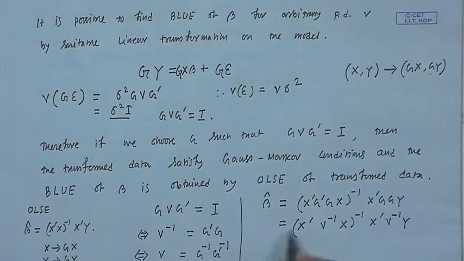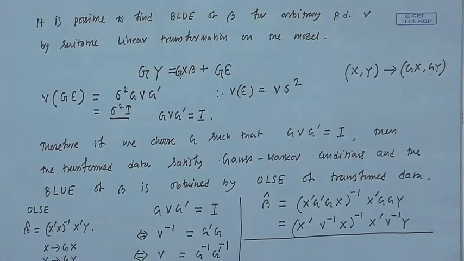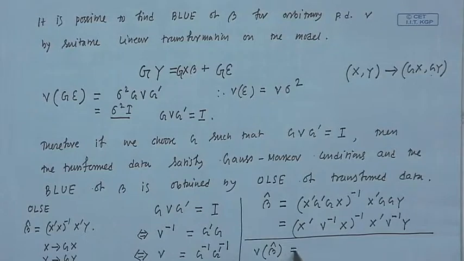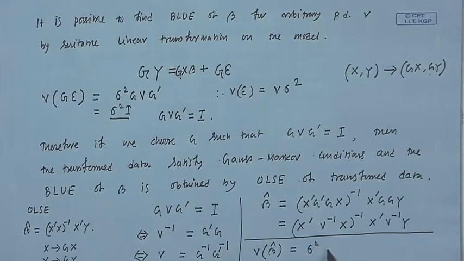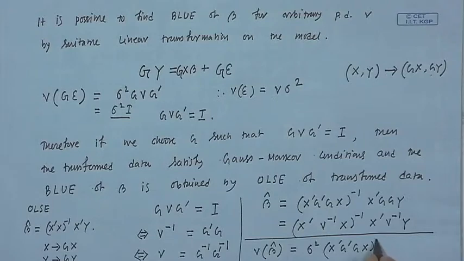Okay. So, this is the BLUE obtained using the generalized least square technique, and the variance of beta hat is equal to sigma square X prime G prime G X inverse.